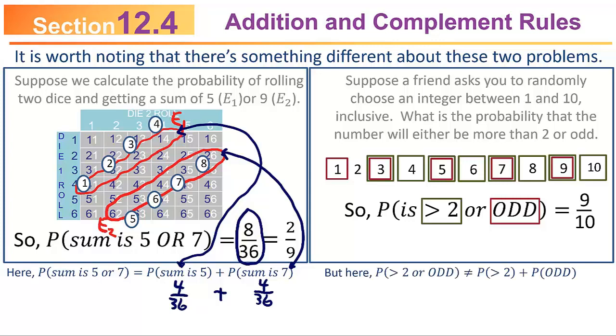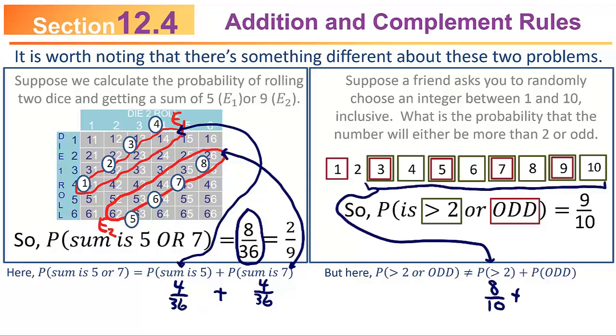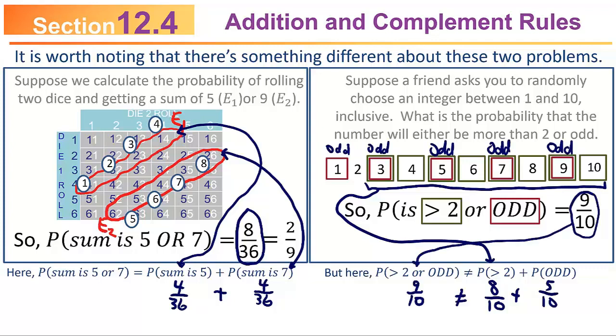But if you look on the right side, the probability that a number is greater than 2 or odd turned out to not be equal to the probability that the sum was greater than 2 plus the probability that the sum was odd. If you look at it, the probability that the sum was 2, 3, 4, 5, 6, 7, 8, 9, 10 was 8 out of 10. The probability that the sum was odd was 5 out of 10. Well, obviously, 8 tenths plus 5 tenths is 13 tenths, not 9 tenths.